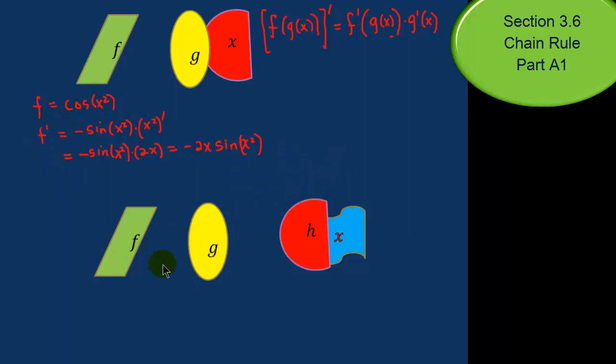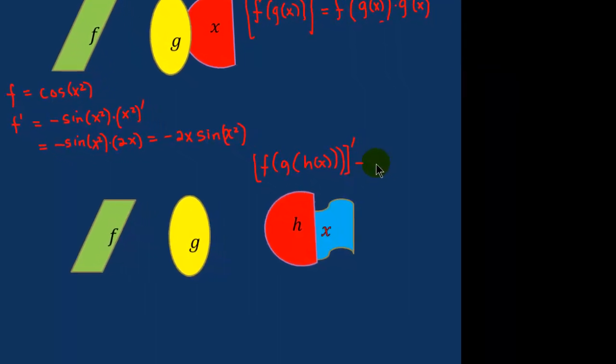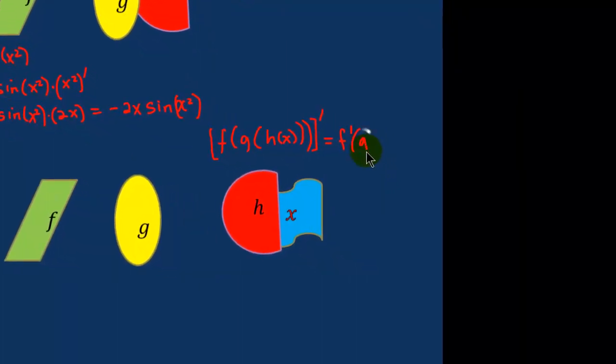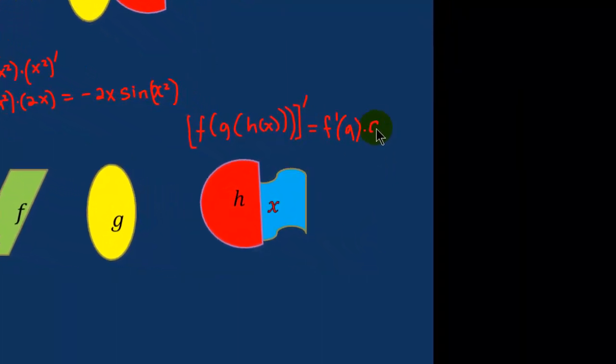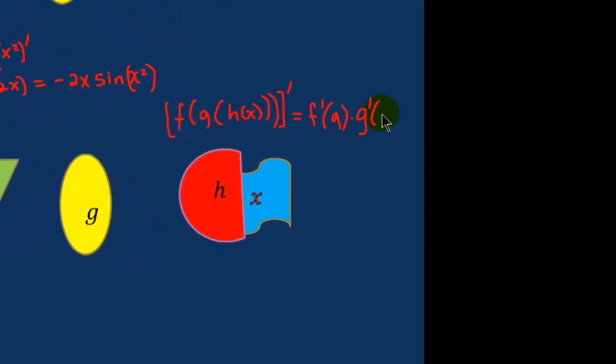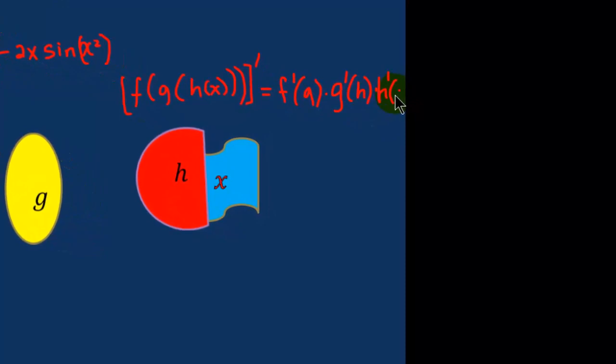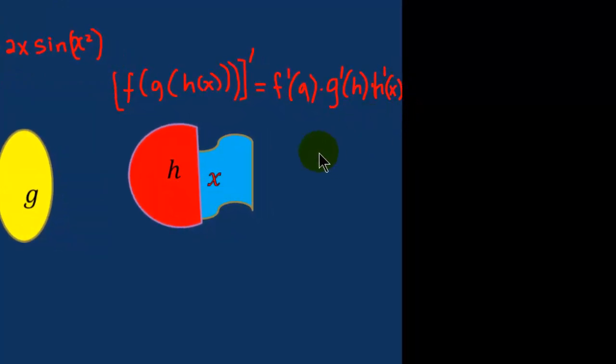What we have here is like f of g of h of x. So if I differentiate the whole thing, it's going to be equal to f prime with respect to g times g prime with respect to h times h prime with respect to x.